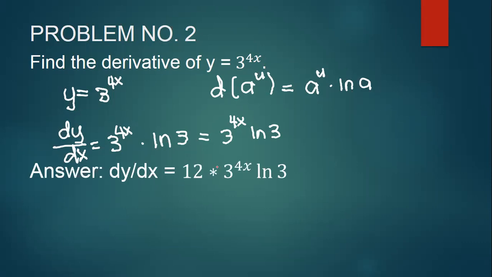Of course, we forgot to get the derivative of this 4x. So this is times 4, which is equal to 12 multiplied by 3 raised to 4x ln 3.